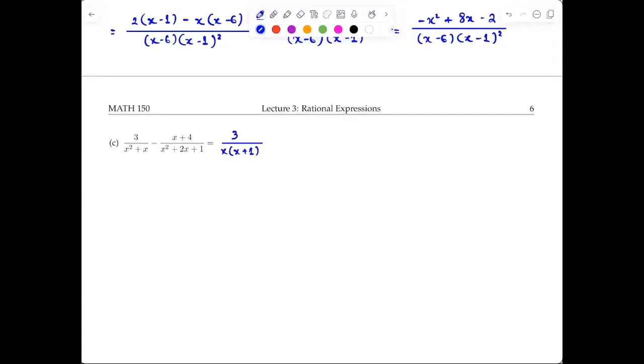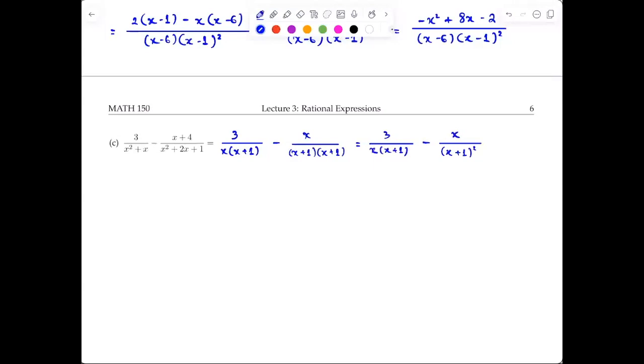Any questions on that? Good. Now for the second expression, you have x over x plus 1 times x plus 1. Now what I do next is I rewrite the second denominator as x plus 1 squared. So here I get 3 over x times x plus 1 minus x over x plus 1 squared.